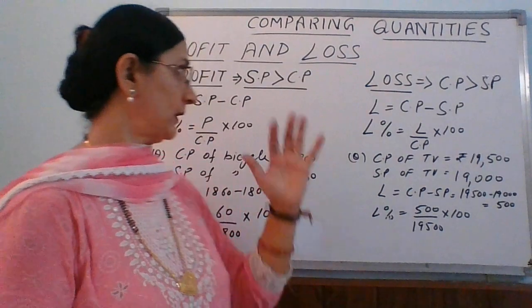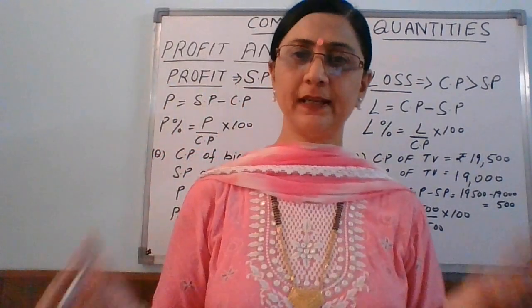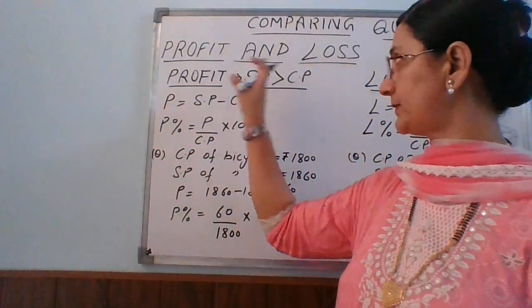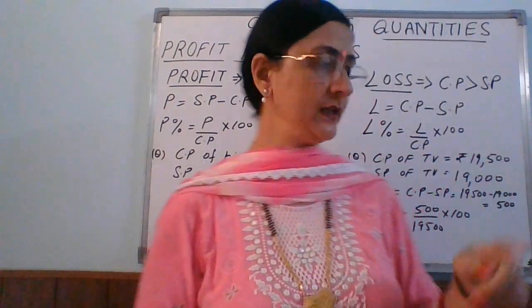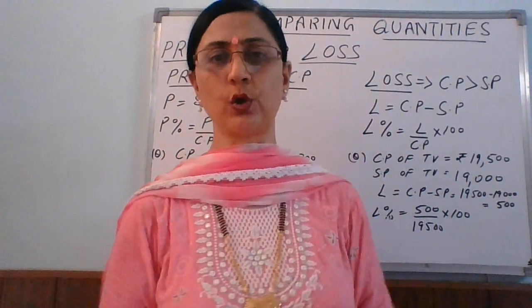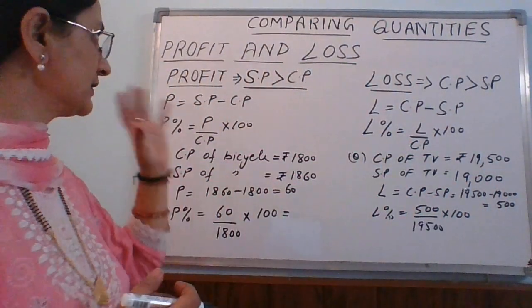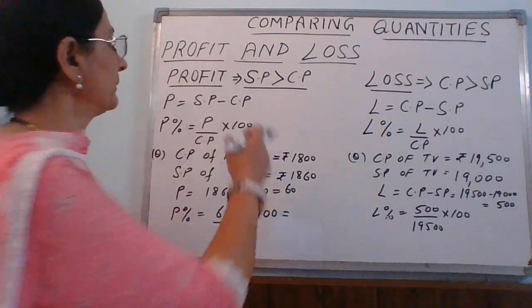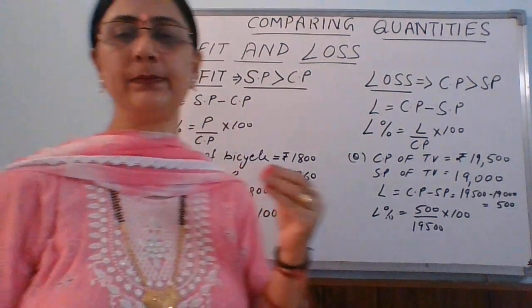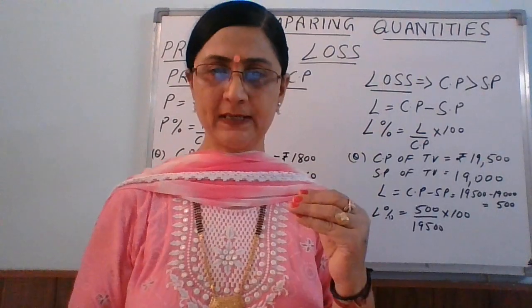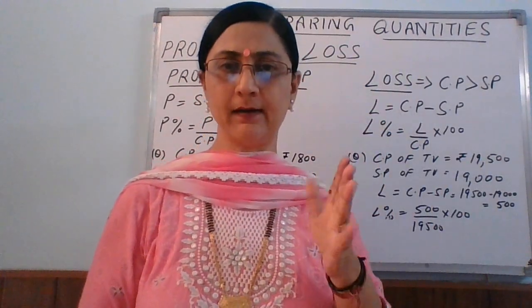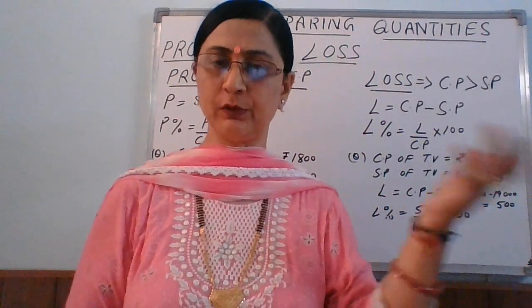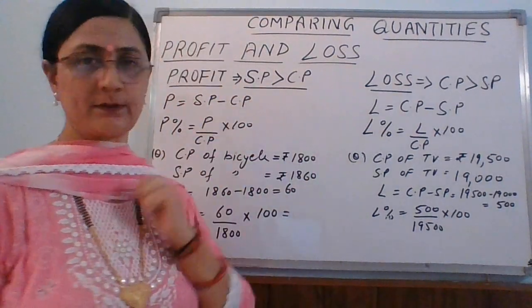Okay, students. Now the next topic is profit and loss, right? What is profit? What is profit percentage? What is loss and what is loss percentage? Before doing profit and loss, we should know what CP means: cost price. Cost price means when you bought an article, the cost you paid for purchasing it is the cost price.